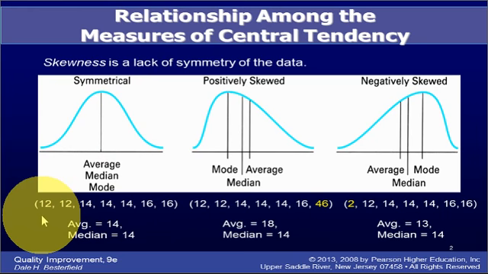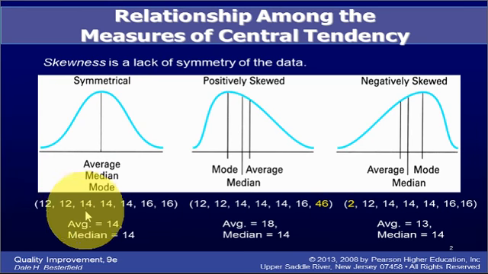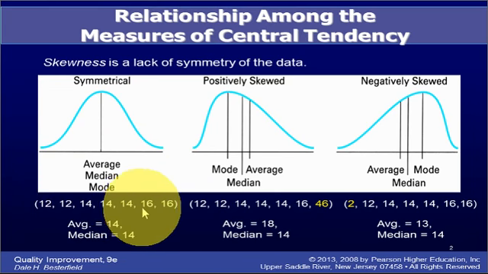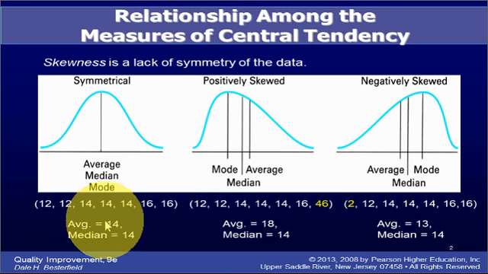We have some numerical examples. Like the first set of data: 12, 12, 14, 14, 14, 16, and 16. The average, median, and mode are all equal to 14 in this series.